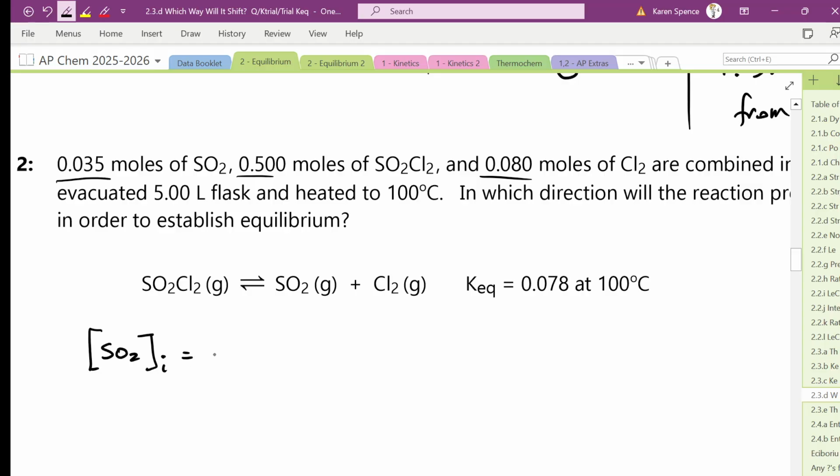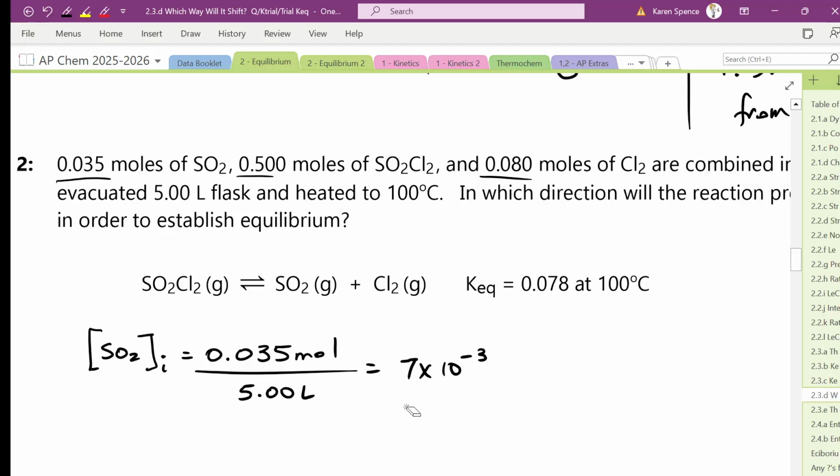It is 0.035 moles in 5 liters, which is 7.0 times 10 to the negative 3.